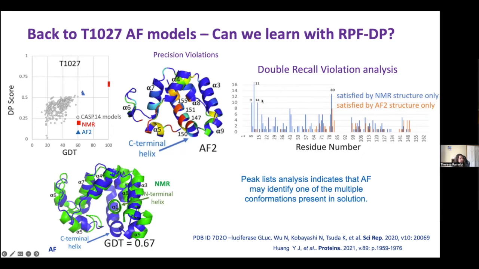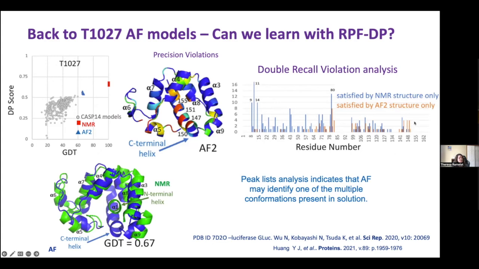It turns out this N-terminal helix, which in the NMR structure is in the middle of all the other helices, right here, alpha 1, was not seen in the AlphaFold structure. And it has NOE peaks that are satisfied only by the NMR structure. Then also this C-terminal helix, which was not seen in the NMR structure, has a few peaks that can be satisfied by the AlphaFold 2 structure only.